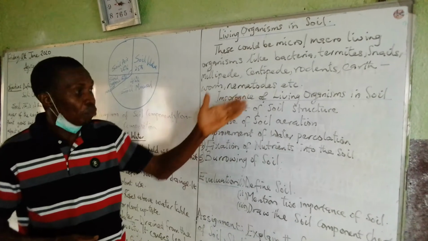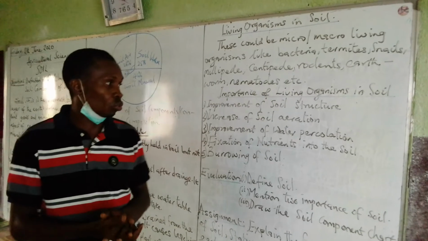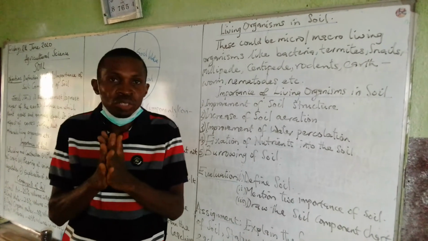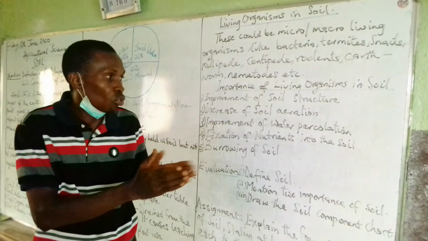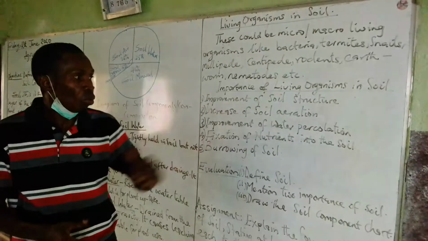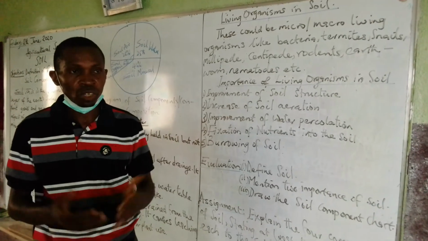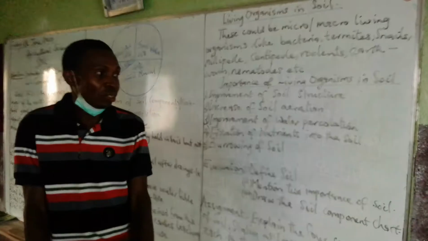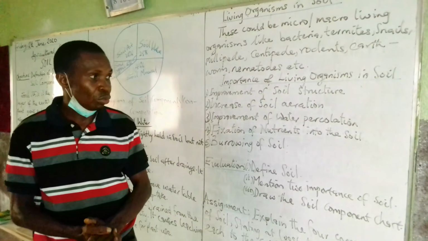When they burrow into the soil, it allows air to go through. So soils like clay soil that is so tightly fit together in their pore spaces are broken down or opened up for air to get in. And then we have improvement of water percolation. When the rain falls, the water filters down into the soil, infiltrates rather, and then it is able to get to the roots of plants.